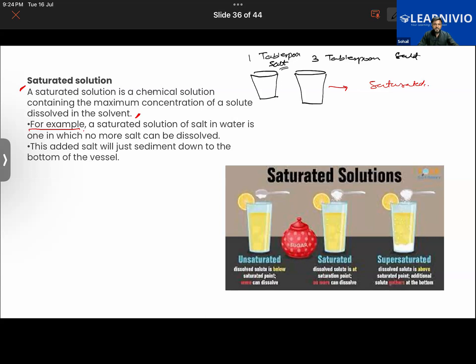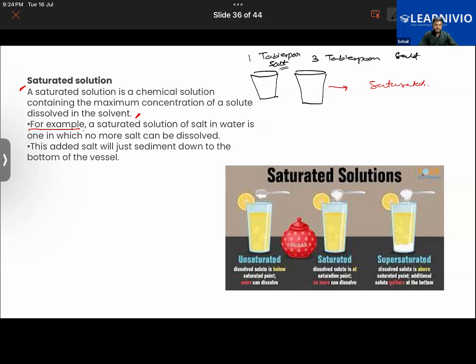Unsaturated. Only 1 tablespoon of salt was added, so 2 more tablespoons can be added. So at that time, it's an unsaturated solution. Very good. An unsaturated solution is one in which more solute can be added. Okay, now. Furthermore, what happens now?